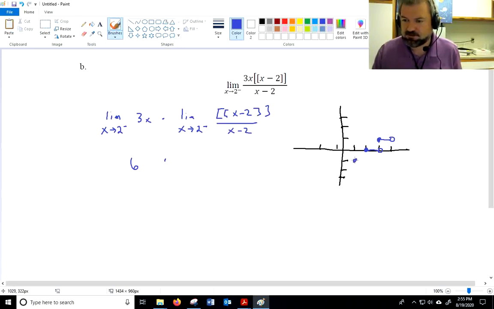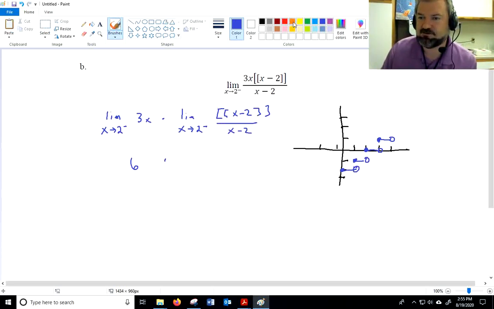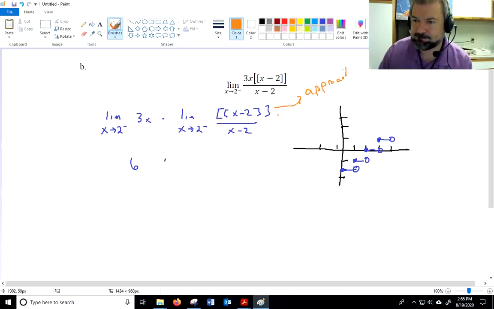All right, and then here, and then here. Okay? So we know that this top value here, I'm going towards 2, but from the left, I'm actually approaching the value negative 1. So this numerator is approaching negative 1.